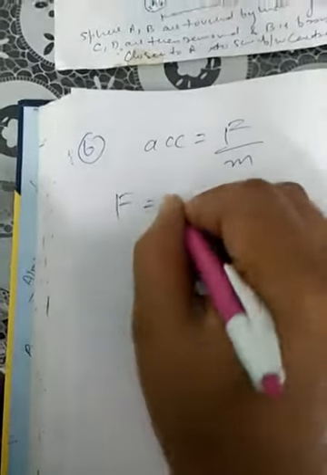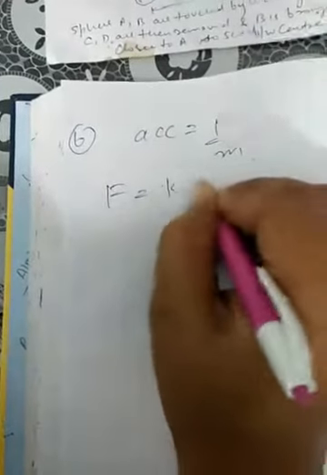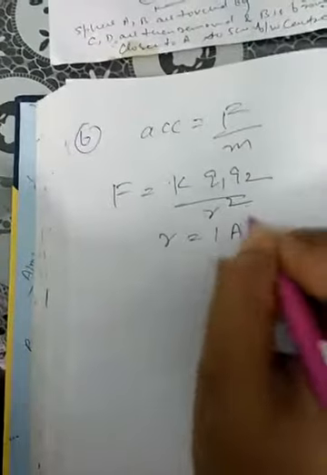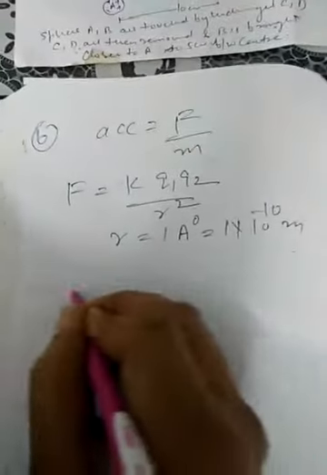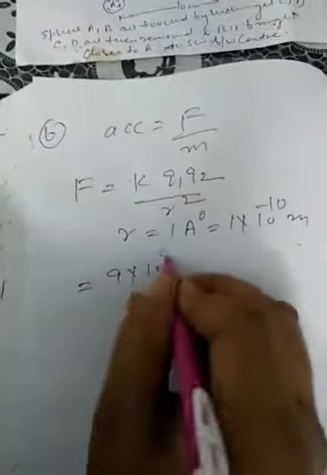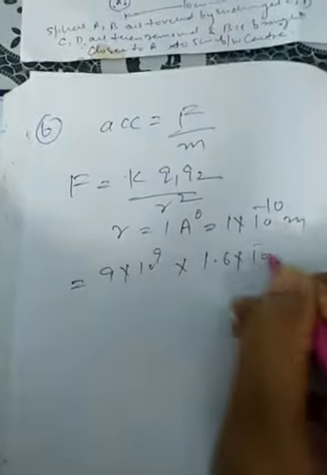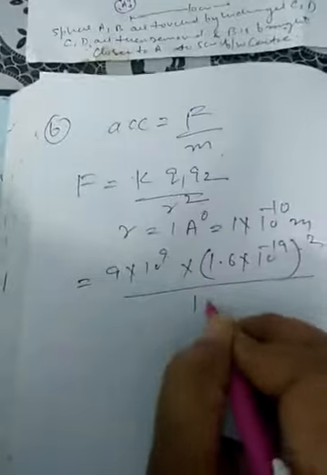Now we are going to find the force. The electrical force is again k Q1 Q2 upon r². The distance is given as 1 angstrom apart, that is 1 × 10^-10 meter. So 9 × 10^9 × (1.6 × 10^-19)² upon (10^-10)².